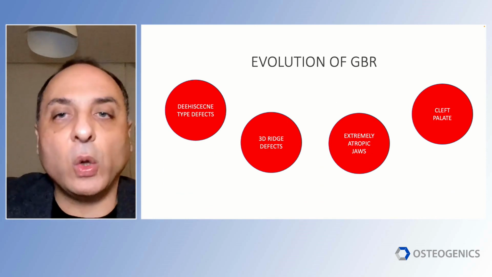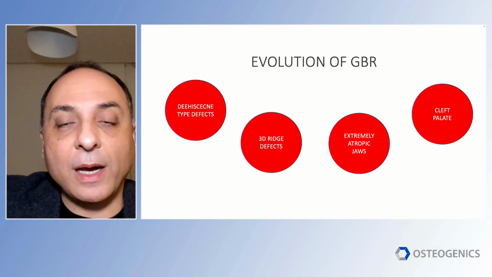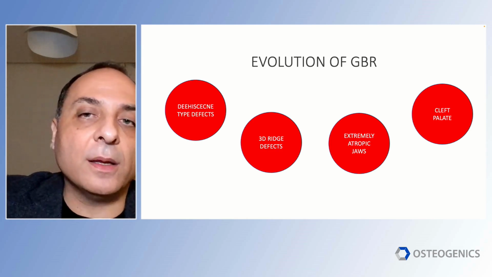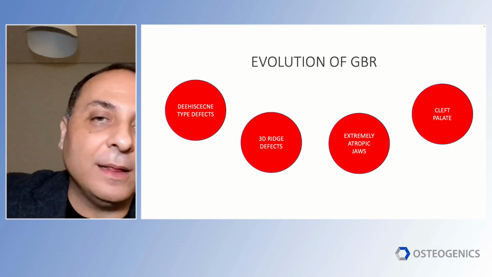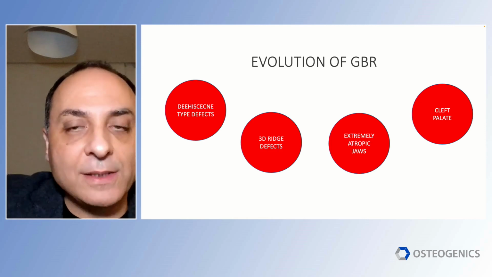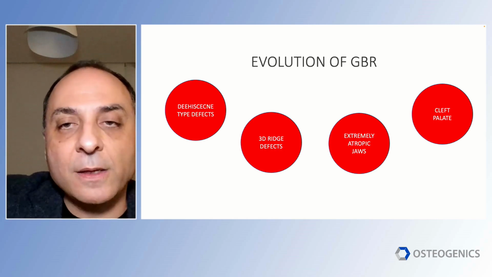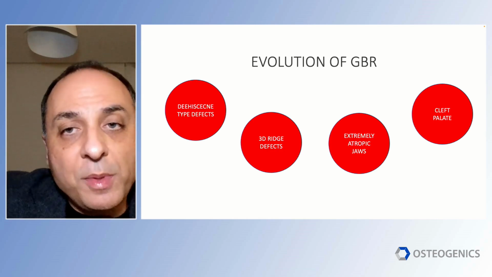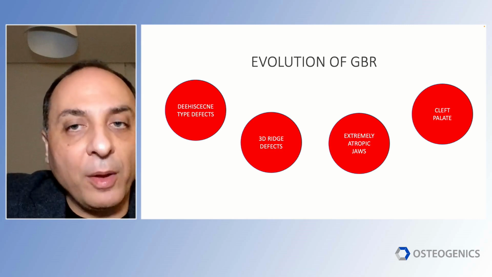So if I'm showing all this, it is to say that GBR has evolved, and it's not the baby technique. It's not the technique that is indicated for small dehiscence type defect, because at the beginning, 30 years back, I don't know, in the 90s, the GBR was conceived to treat small dehiscence type defects around implant threads.